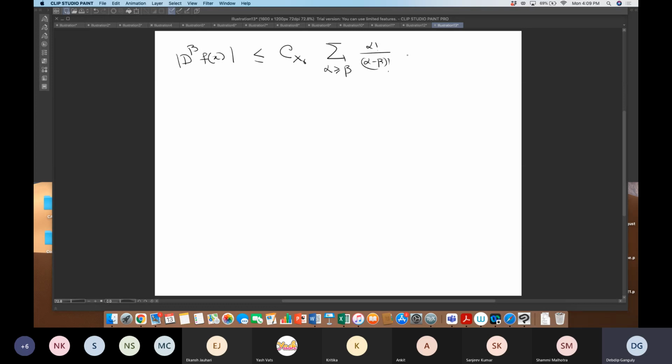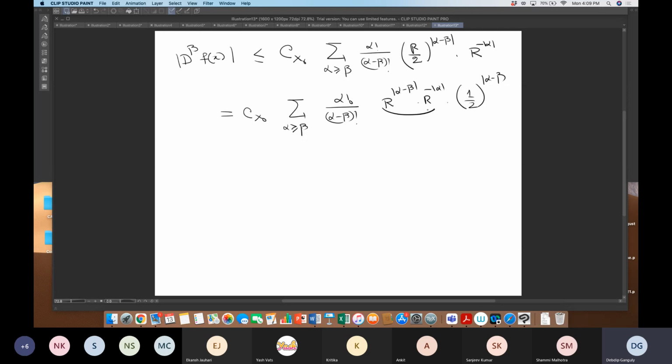So this into r by 2 to the power mod of alpha minus beta into r to the power mod alpha. Clear? So this is nothing but c x naught, summation over alpha greater than or equal to beta of alpha factorial by alpha minus beta factorial, into r to the power mod alpha minus beta into r to the power mod alpha into 1 by 2 to the power mod alpha minus beta.